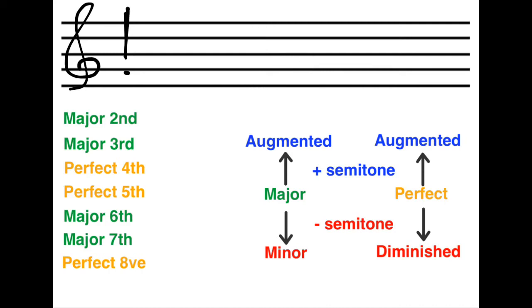So say for example we had, let's put in 3 sharps to signify A major. Okay, so there's 3 sharps for A major. But say we're looking for D to B. So, how do we work out this interval?